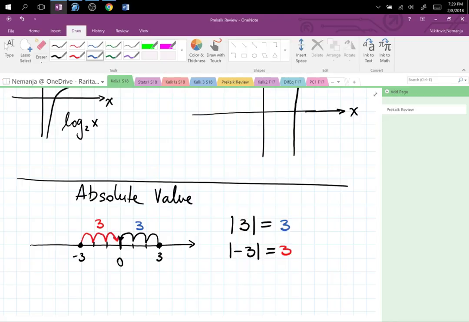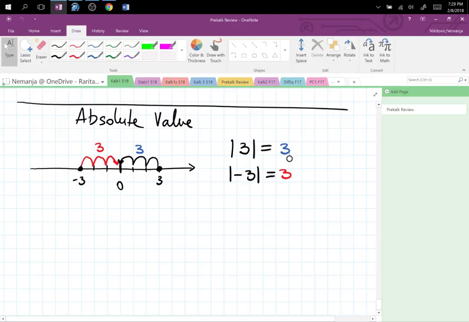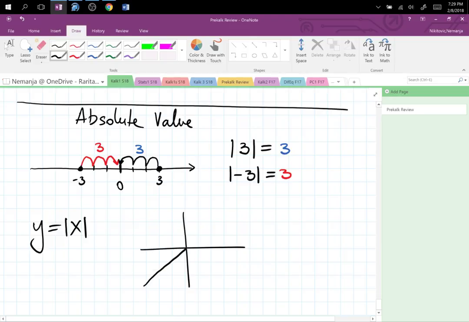So now that you understand that the absolute value is a function which gives you the distance, which is always positive, you understand that your answers are always positive numbers. So now if I want to graph y equals absolute value of x, you're actually going to graph y equals x.